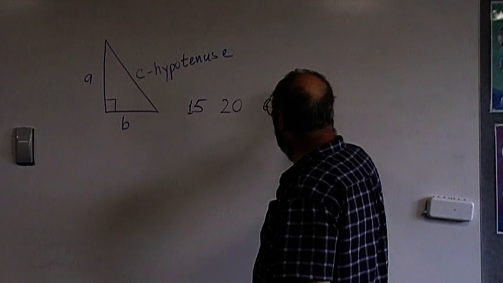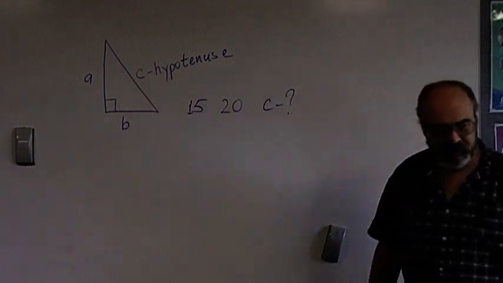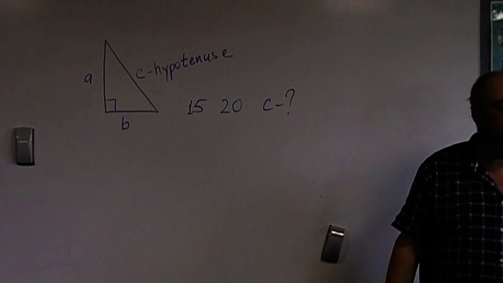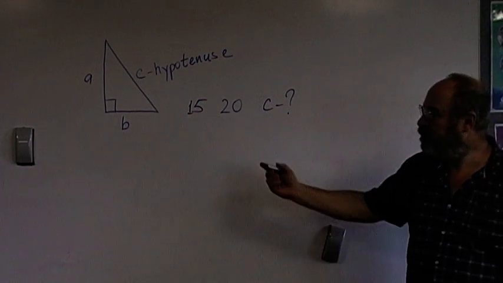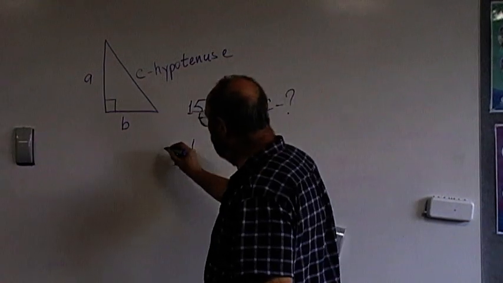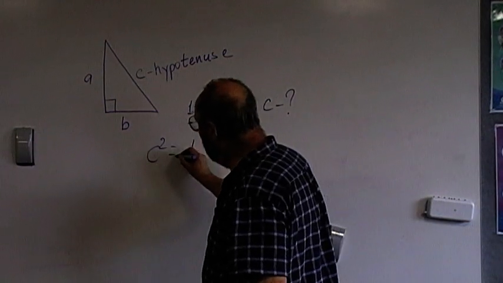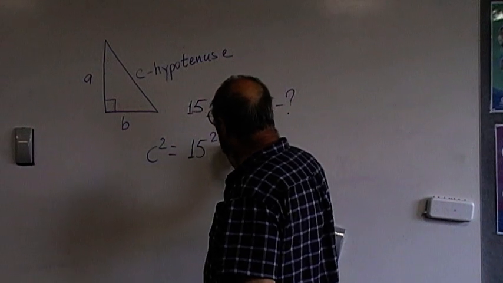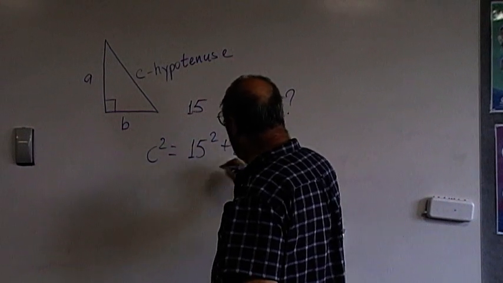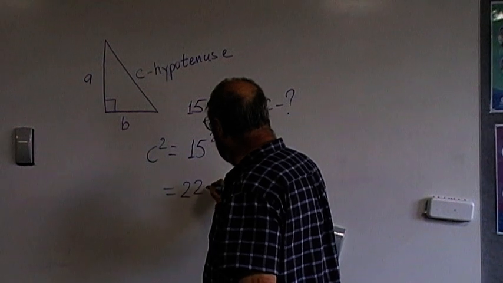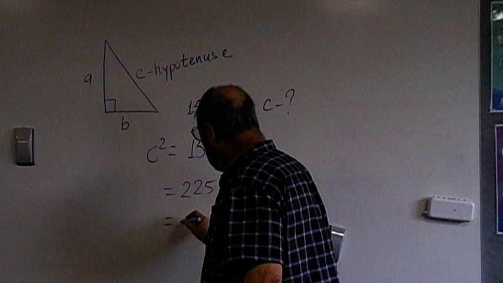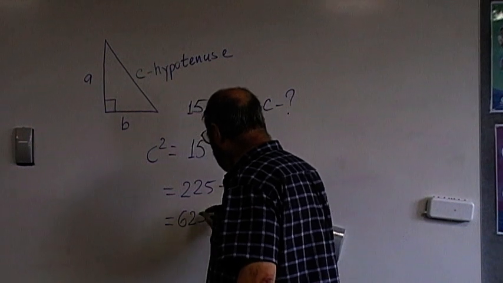What is the longest side? What we need to do is, we're looking for c squared equal to 15 squared plus 20 squared, equal to 225 plus 400, equal to 625.